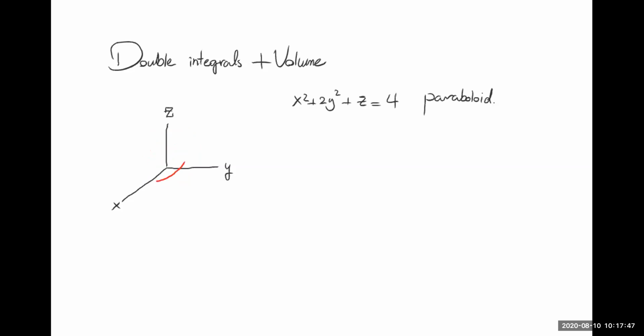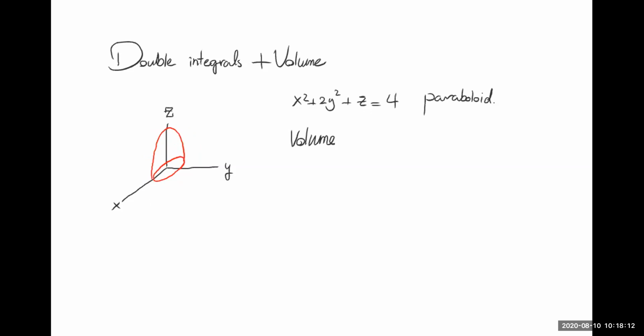Maybe it's not very good. Maybe something like this. You see, it's a surface. Now I can look at this surface where z is positive. It continues, goes down. I'm just looking at the positive side, the side where z is above 0.